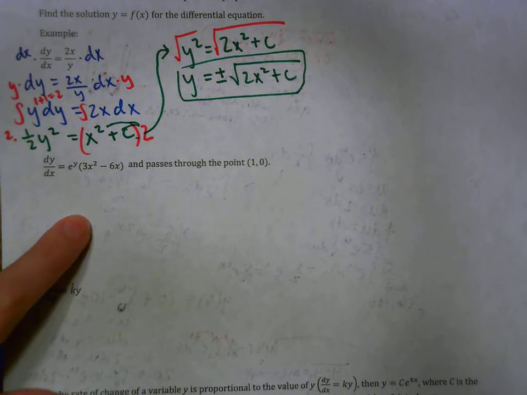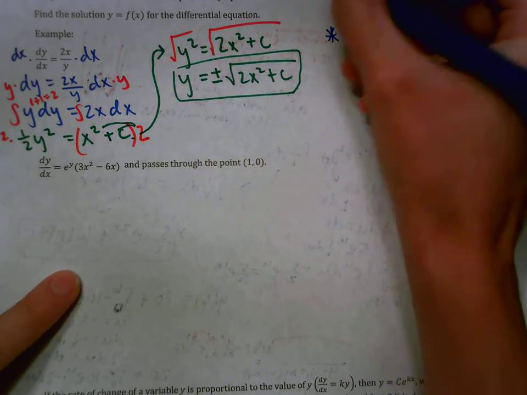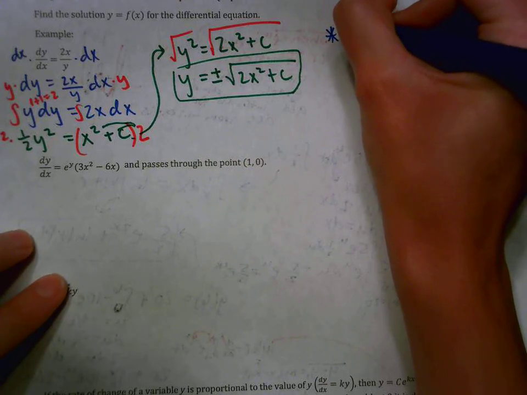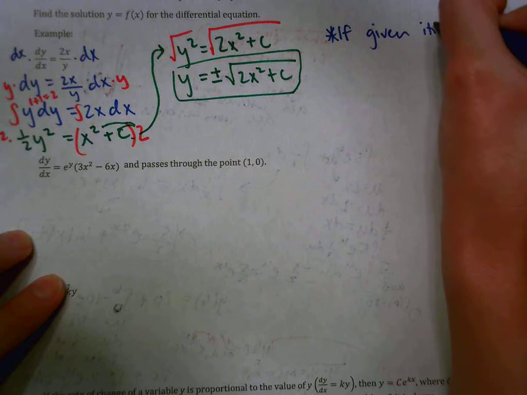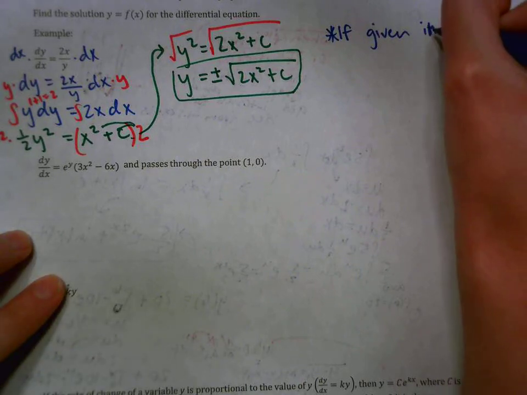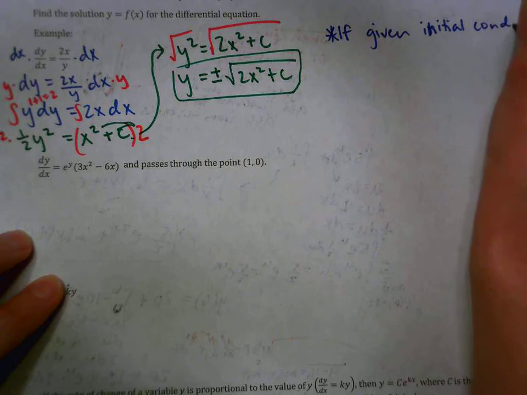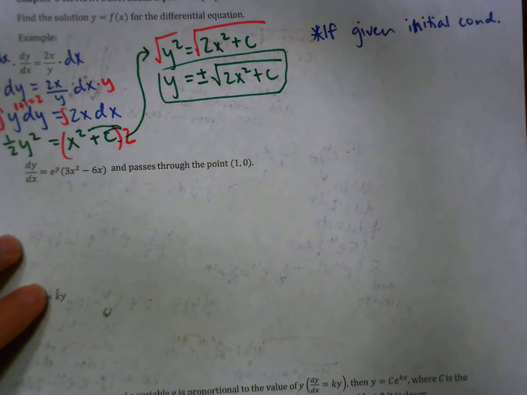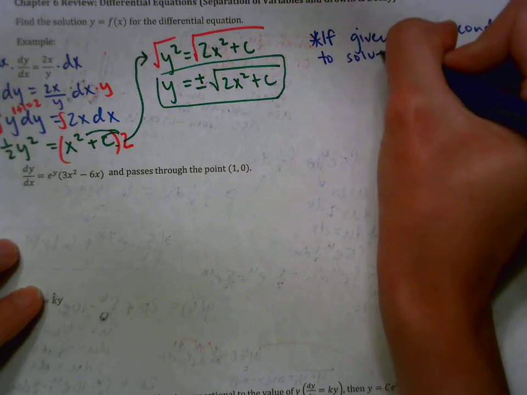So I want to make a note before we do this one. I'm going to say, if given initial condition, which, why do they give you an initial condition? To solve for c.